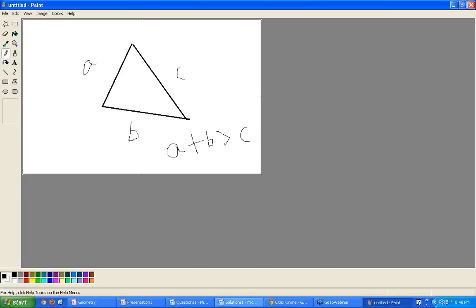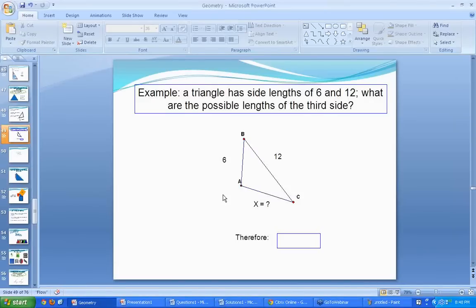Also, the third side would be greater than the difference of these two sides.